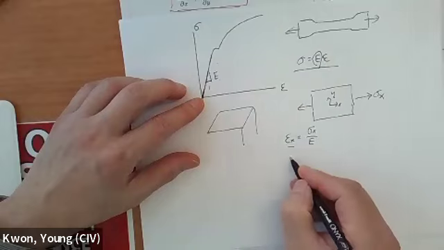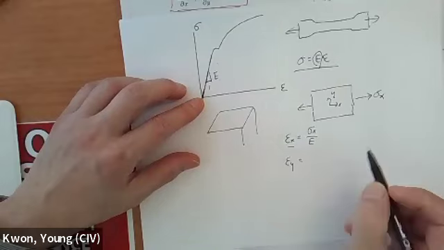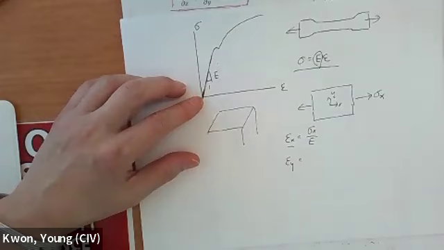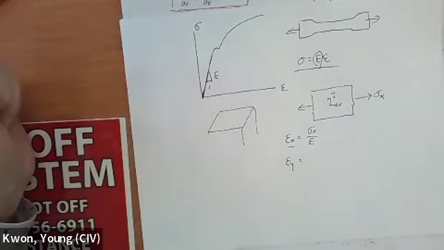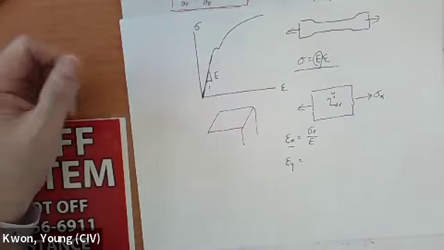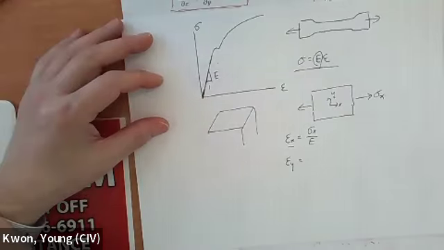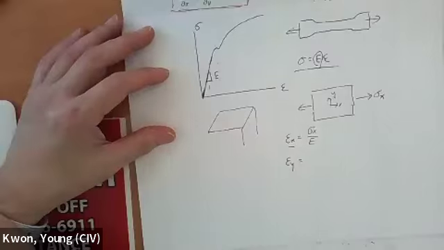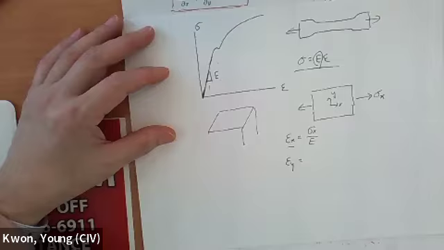Then what about the strain in the y direction? As you apply the stress in the x direction, what is the strain in the y direction? No strain? Or positive, negative? Should be negative. But how much?